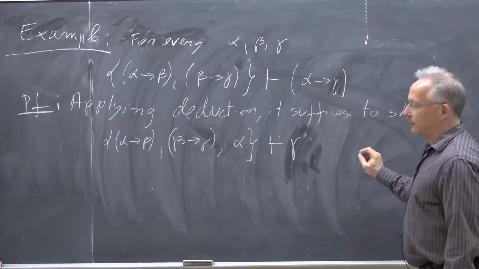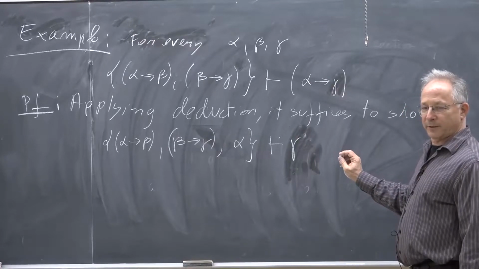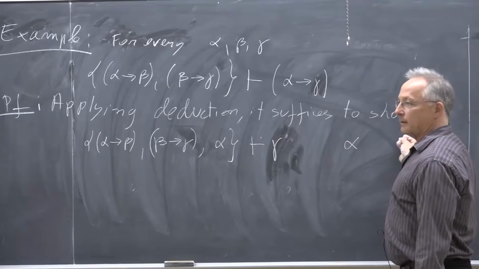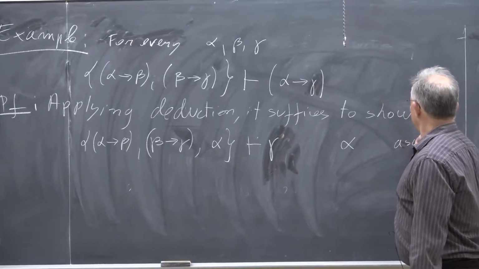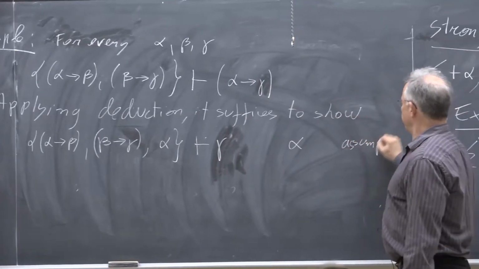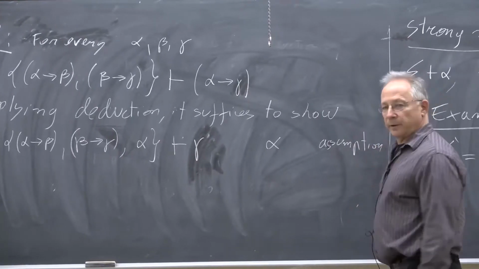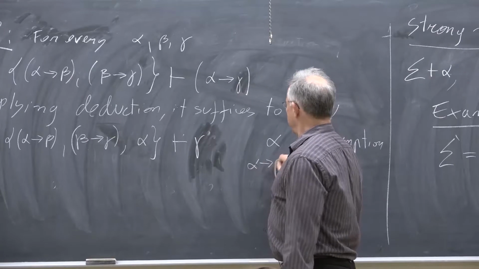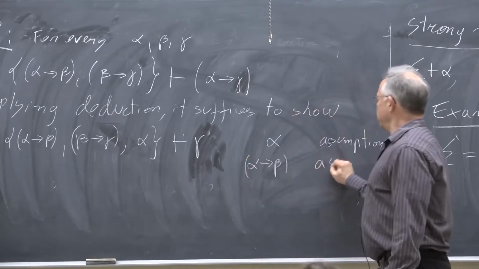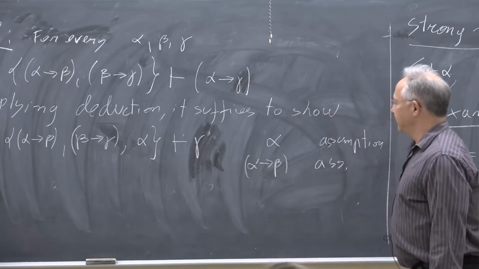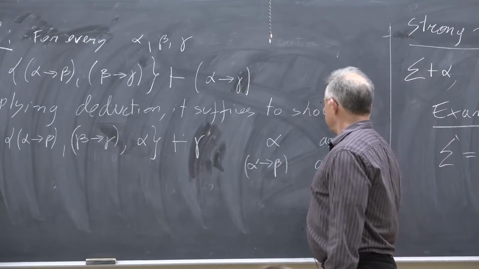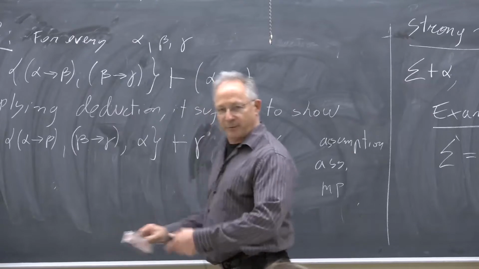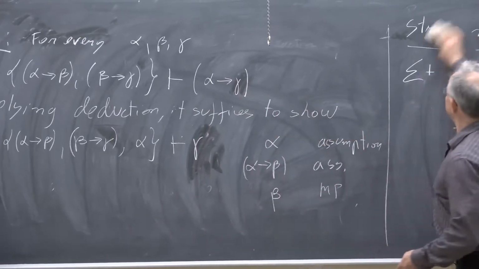Right. So how will I do it formally? What will be my first line? Alpha, because it's an assumption. Then what will I write? Alpha arrows beta. This is again an assumption. And then I'll do modus ponens and I'll get beta. And then I'll keep unraveling it further.